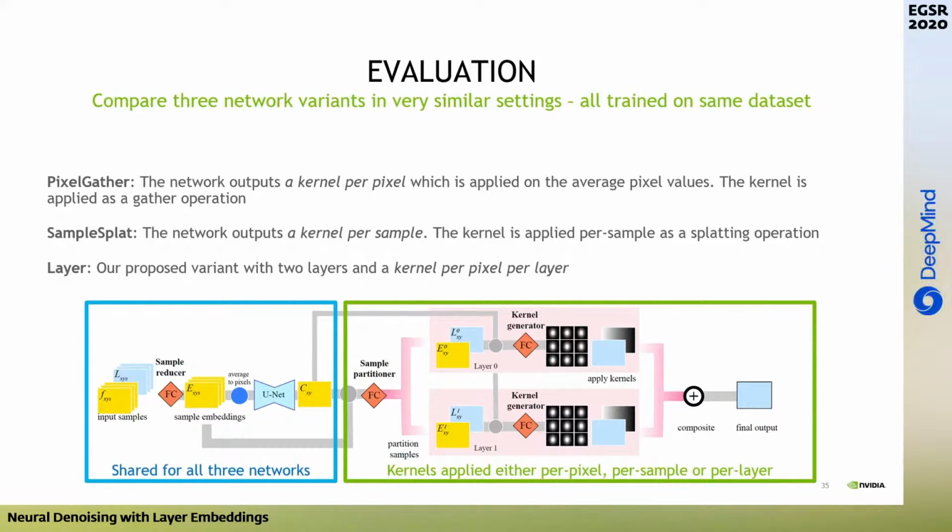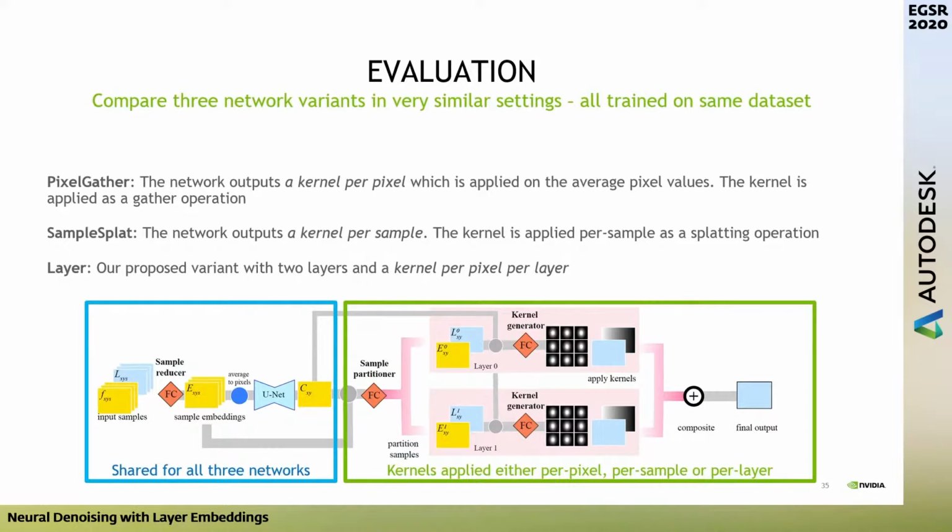Finally, our proposed variant called Layers uses 2 layers and a kernel per pixel per layer. If we revisit the network architecture overview, I want to point out that the left side of the network, highlighted in blue, is shared for all three networks. So we use the same unit in all three variants.